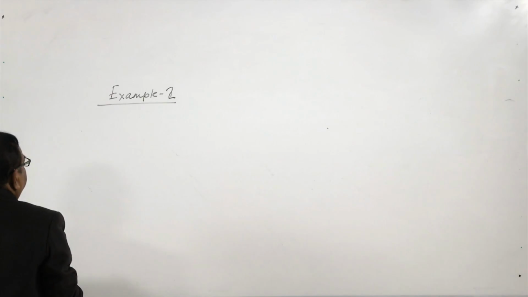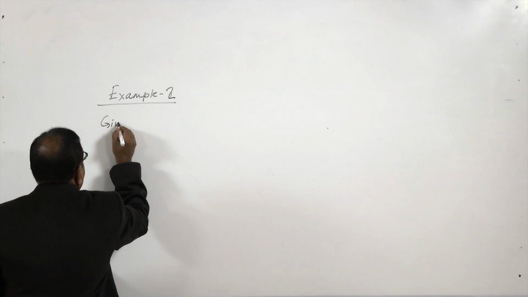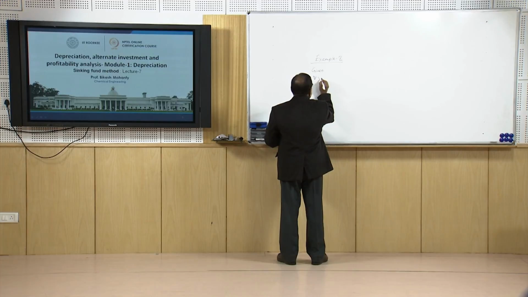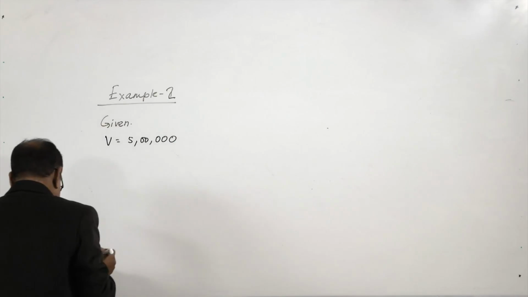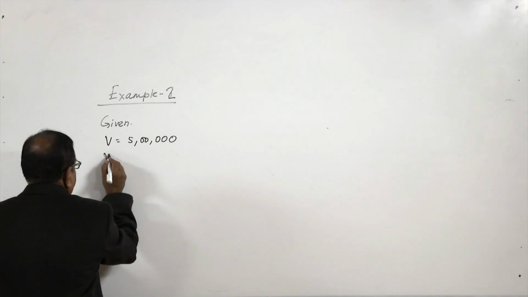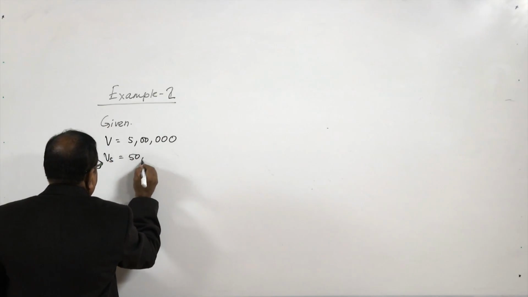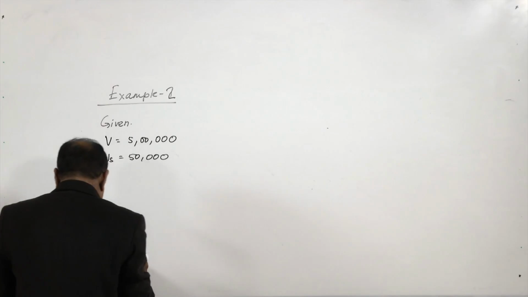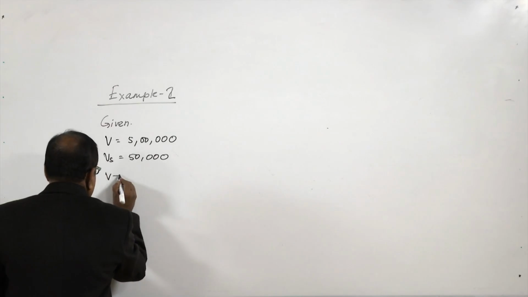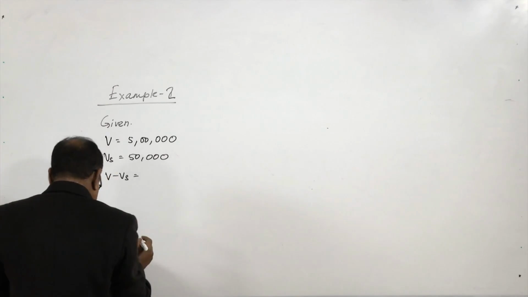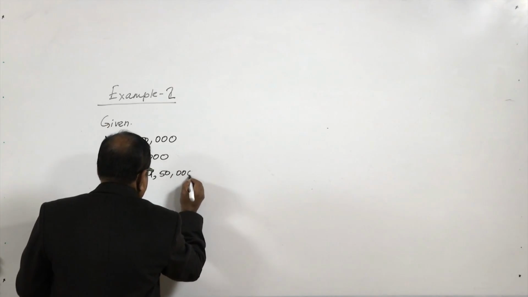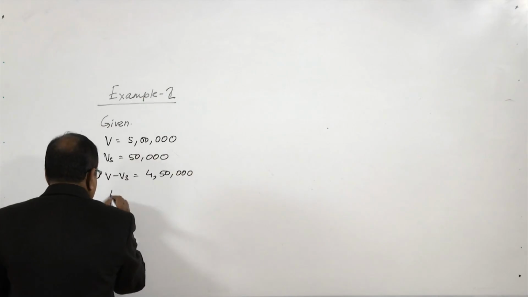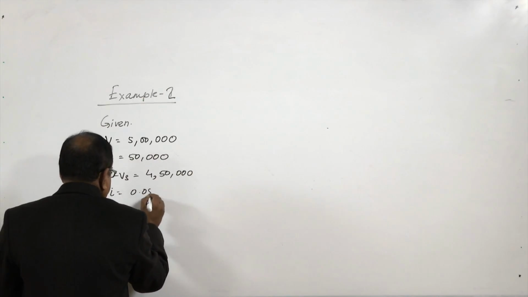Now, the given are V is equal to 5 lakh, Vs is equal to 50,000, V minus Vs is equal to 4 lakh 50,000, I equal to 0.05.